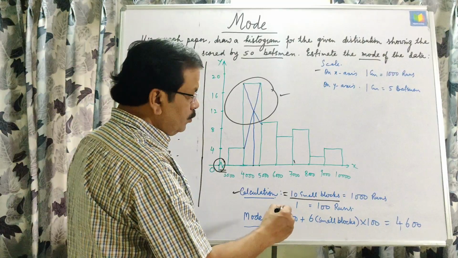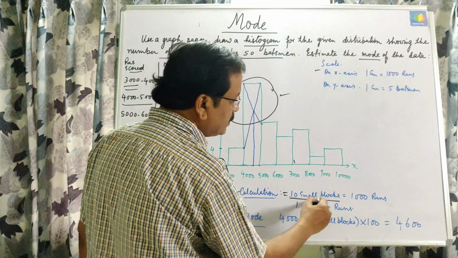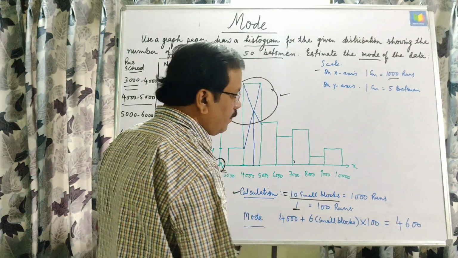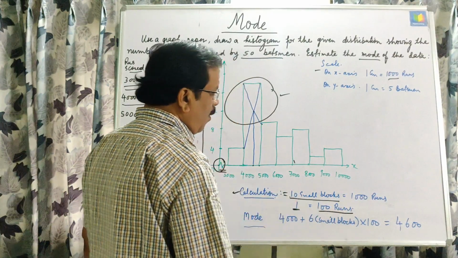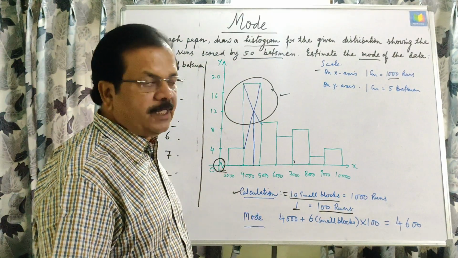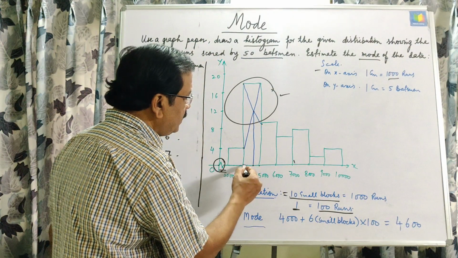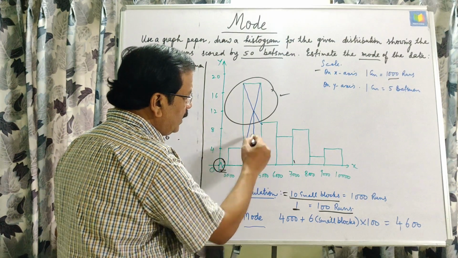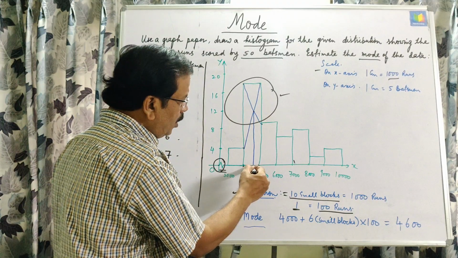Let your graph paper carry 10 small blocks in 1 centimeter, and 10 small blocks is equal to 1000 runs. Then what is the value of 1 small block? That is 1000 upon 10, that is 100 runs. Now after 4000 you just count, obviously there will be 10 small blocks, and once you reach here, I can see that this will be maybe 6 small blocks.